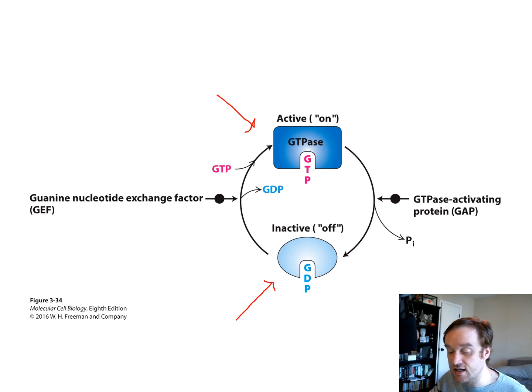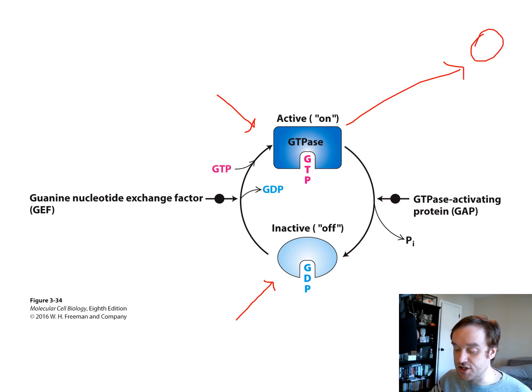And in the GTP bound form, the active or on form, this can interact with other target proteins somewhere else. And well, this will be our target protein. And they can then regulate the activity of that protein. So they can turn it on, enhance it, etc.